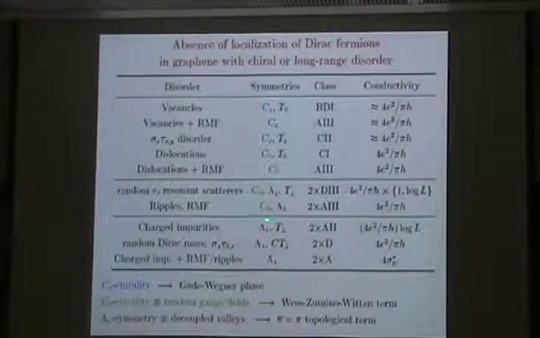Then there are 3 other types of classes where you have another chiral symmetry, and this corresponds to adding to the Dirac Hamiltonian some random gauge fields, which may be non-abelian from the point of view of the two valleys. So this Dirac Hamiltonian with random gauge field is characterized by different symmetry classes, but they will all have a Wess-Zumino-Witten term.